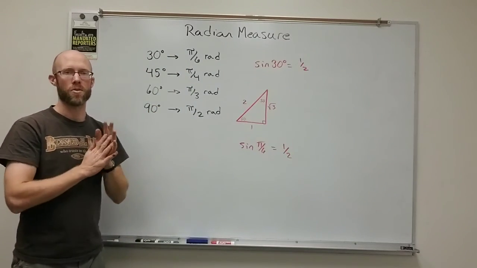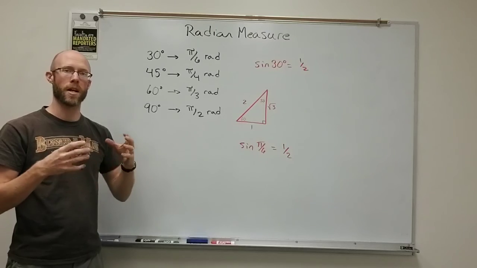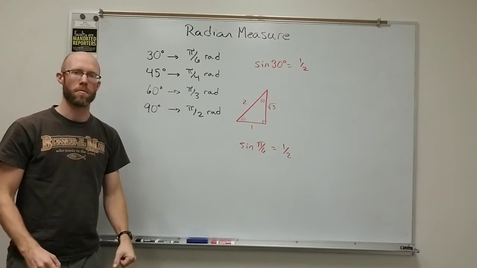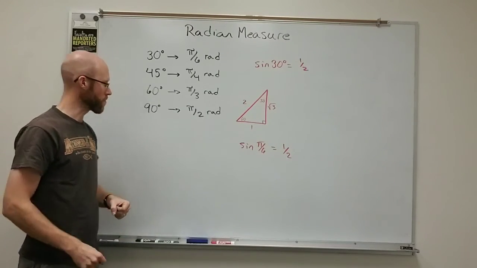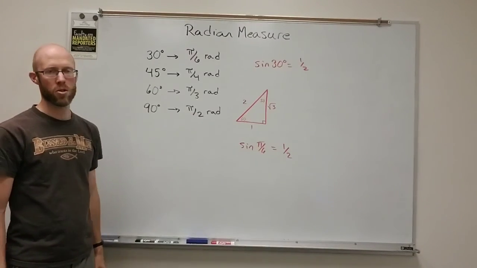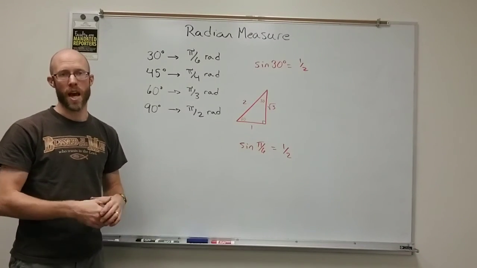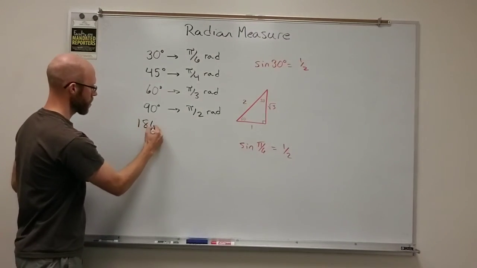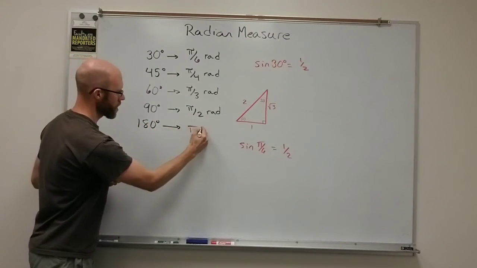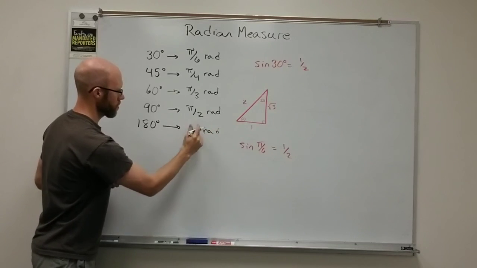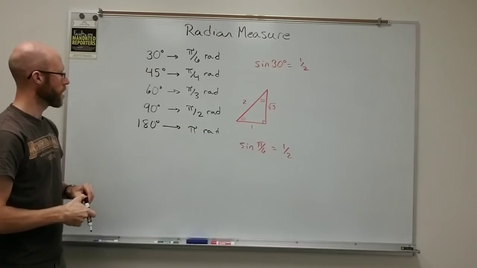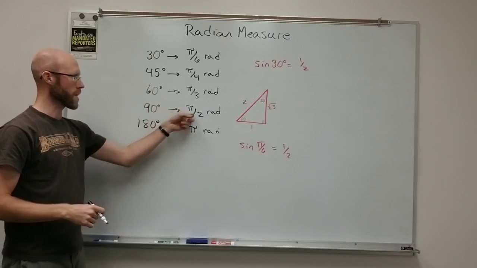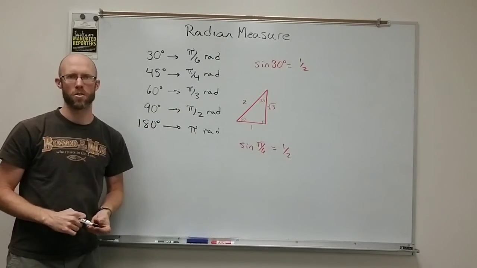If you remember that kind of pattern, it might help you to memorize those and become very familiar with them quickly. The 90 is pi over 2. That's just one you're going to need to know. It's half of the 180. Remember, 180 degrees is pi radians, so 90 is half of that. So it's pi over 2.